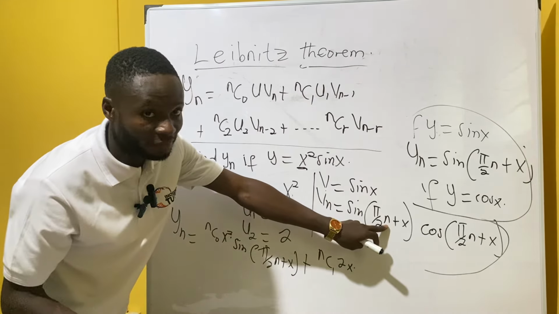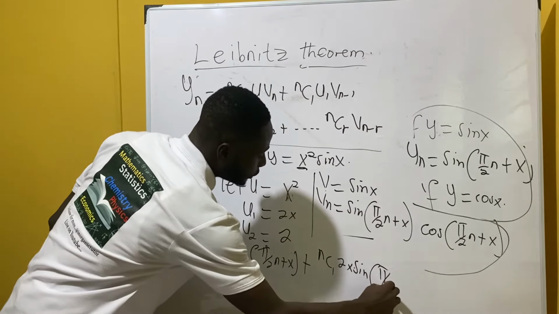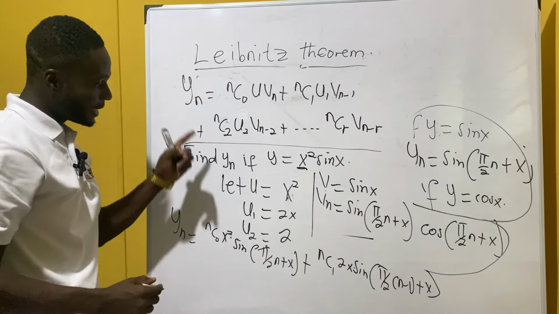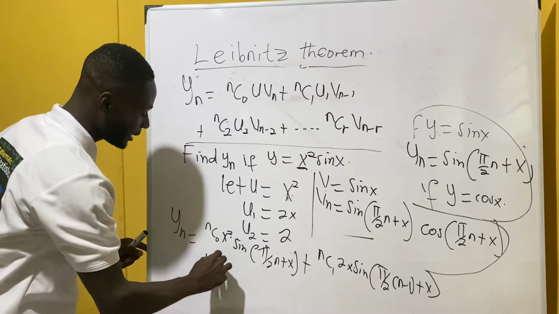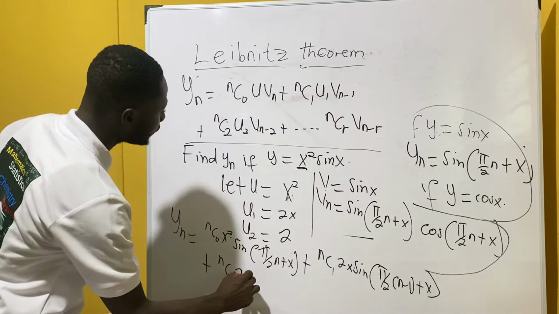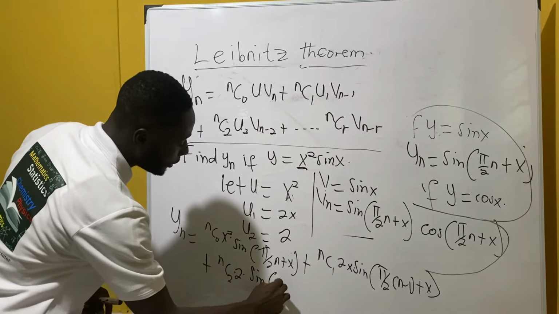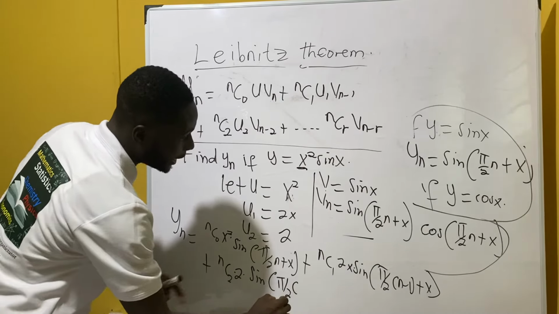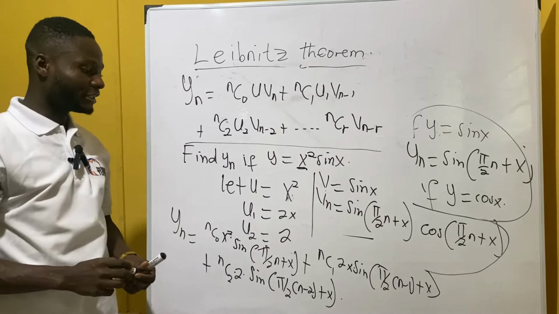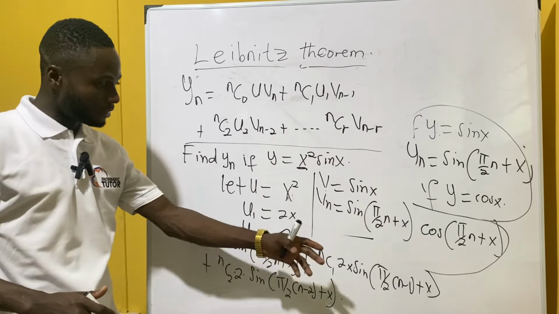So we have to subtract 1 from the n. So we have sine of pi over 2 (n minus 1) plus x. The next one is going to be plus n combination 2, u_2, which is 2, then v_(n-2), which is sine of pi over 2 (n minus 2) plus x. That is very simple. So we simplify this, and then we can get our y_n out of this function.